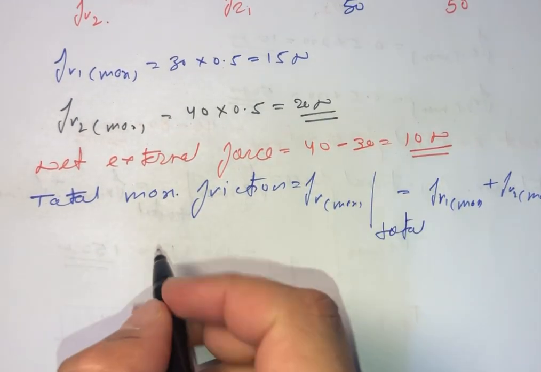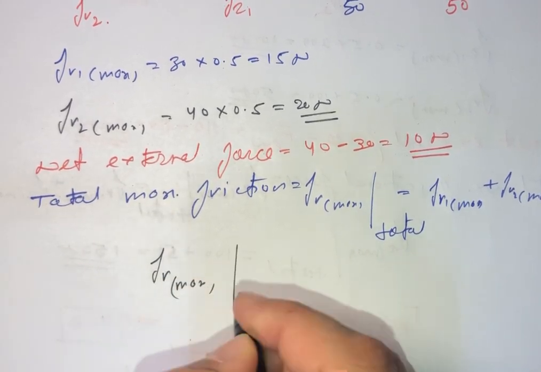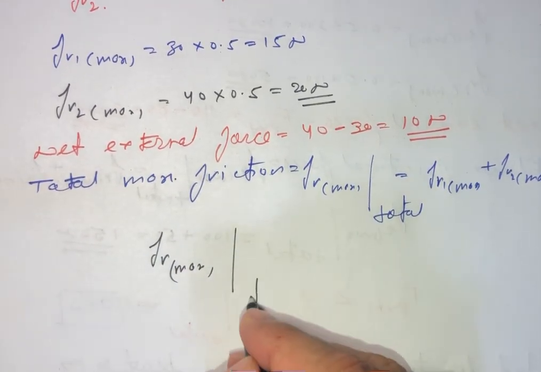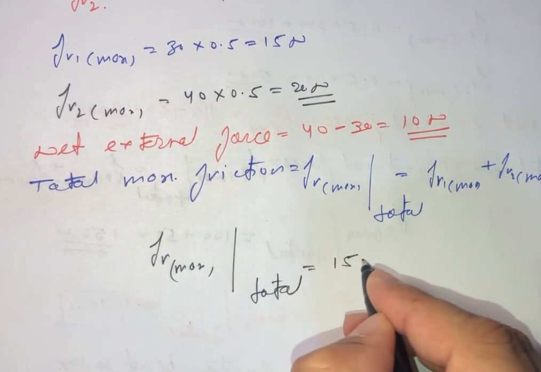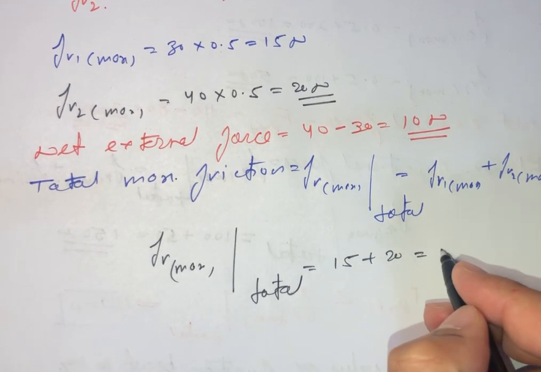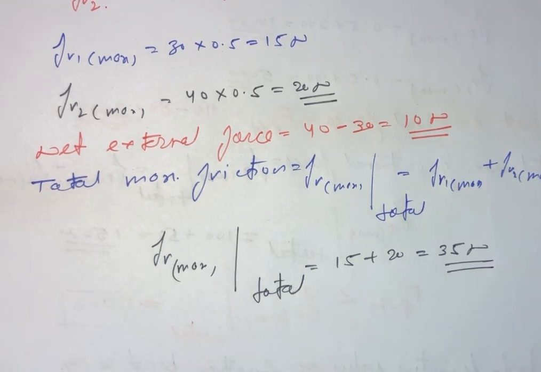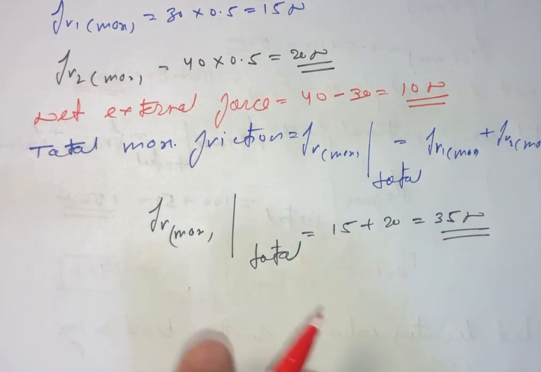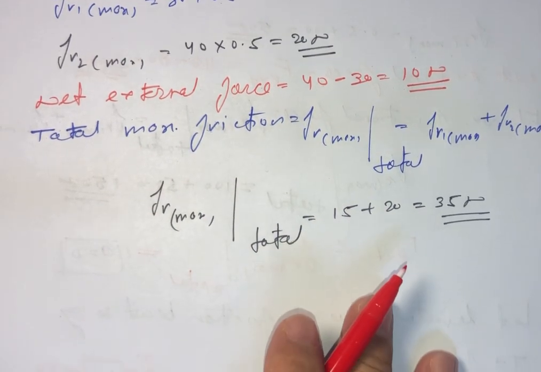So from here we can say that FR max total will be equal to 15 plus 20 Newton, and that will be coming as 35 Newton. Once again, the net external force is less than the maximum frictional force.